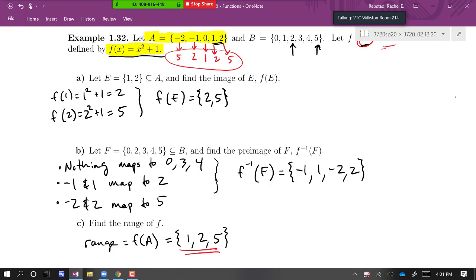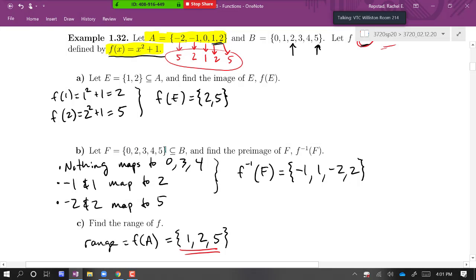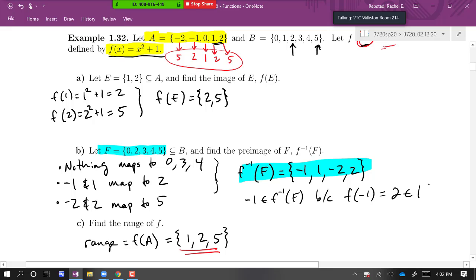They said find the preimage of this set F. This isn't all of B. They left out 1, but that's a subset of B. So what we were looking for is all the elements of A that map to something in F. So the preimage of F is here. For example, -1 is in the preimage of F because f of -1 is 2, and that's an element of F.